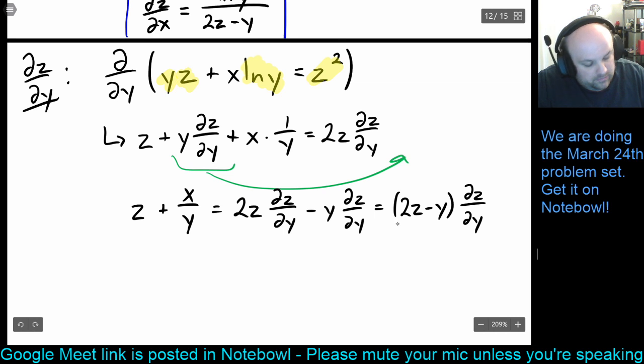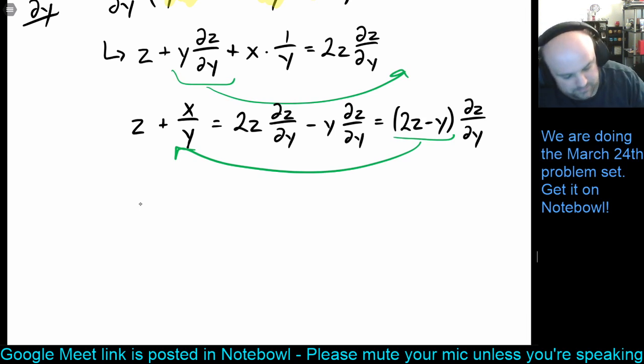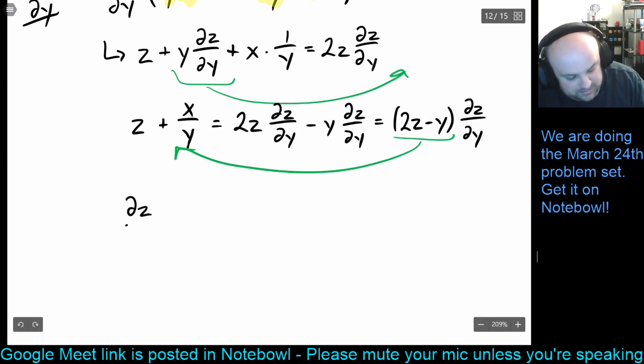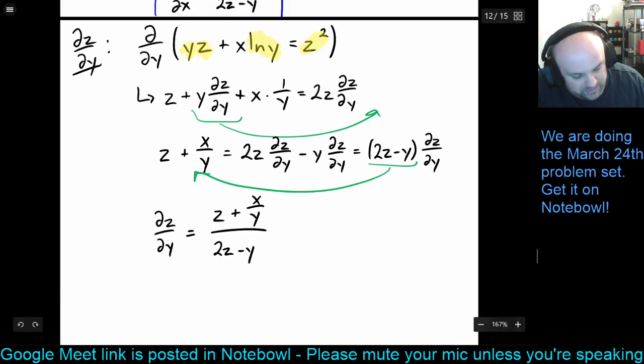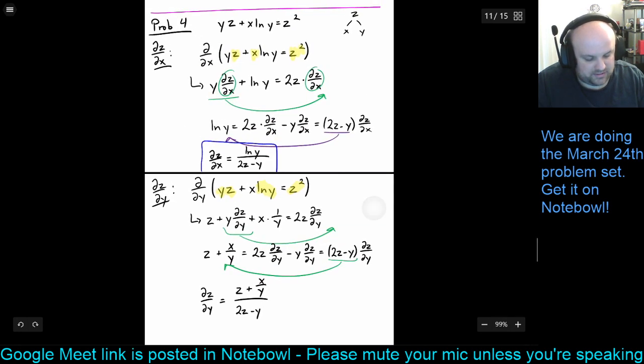Now we're going to just take this piece and divide it over here, just like last time. We get dz/dy is z plus x over y, divided by 2z minus y. And that's about all there is to it.